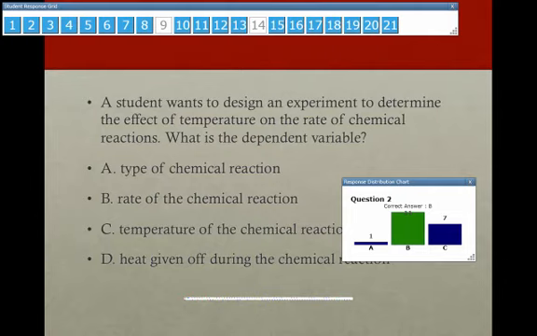Changing the temperature and then measuring the rate of reaction. So the temperature would be the independent variable, and the rate of reaction is the dependent. So an independent is what the student controls, and the dependent is something that's changing because of what you did.